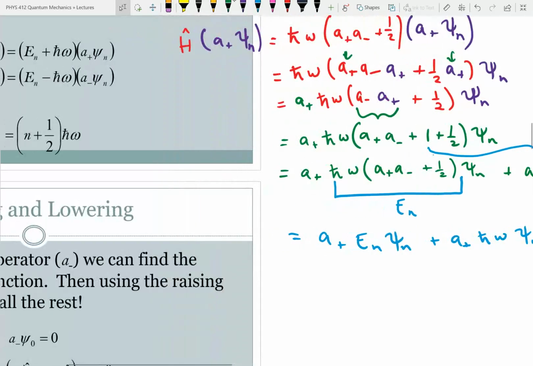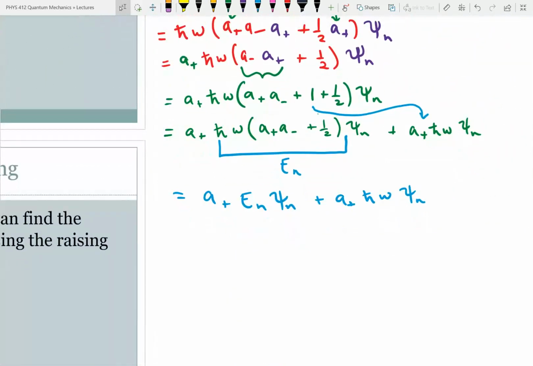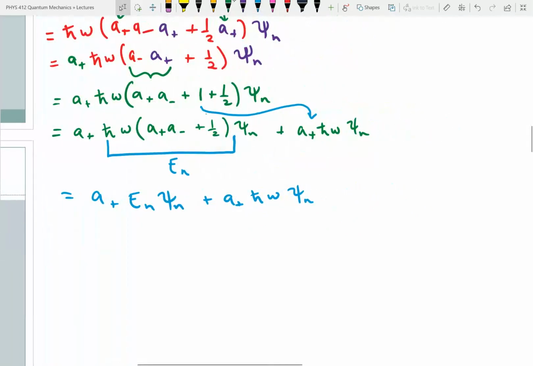And that gives us our final, yeah, just making sure that is what I'm looking for. Now I just move the A plus back over to the psi n, since everything's now a constant.